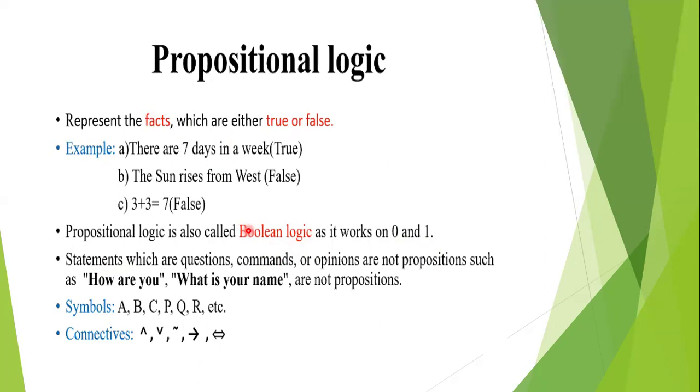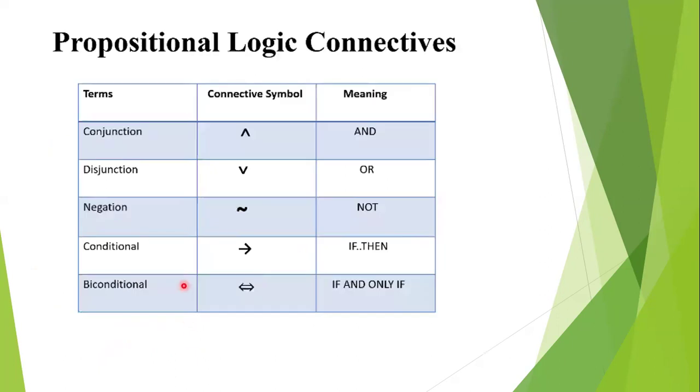The symbols and characters that can be used in propositional logic are alphabets for symbols, and connectives: conjunction, disjunction, negation, conditional, and biconditional. Conjunction works like an AND gate. Disjunction works like an OR gate.